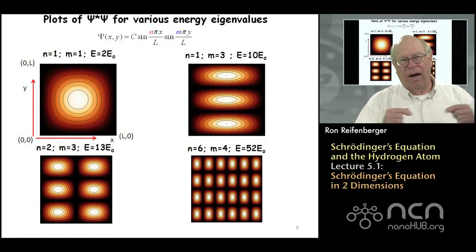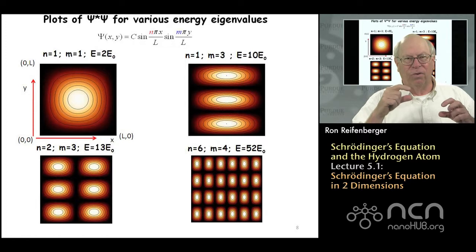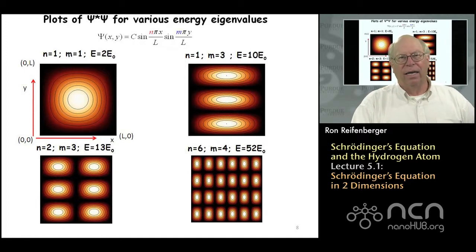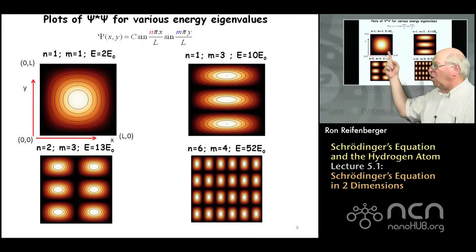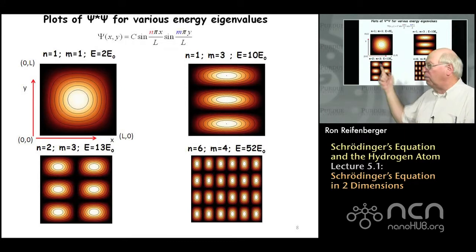In this case, the problem is two-dimensional, so psi star psi times the interval dx times dy tells you the probability that you'll find a particle in a small box located inside the potential well, which has a length L in the x direction and a length L in the y direction.